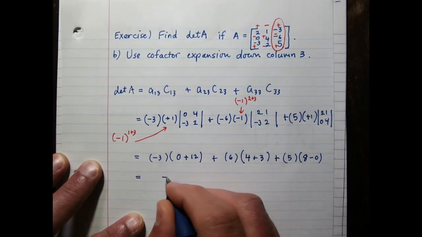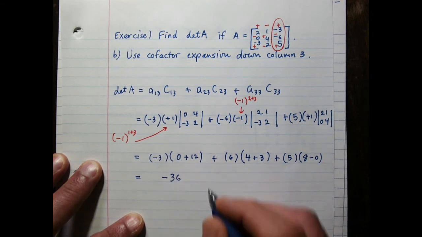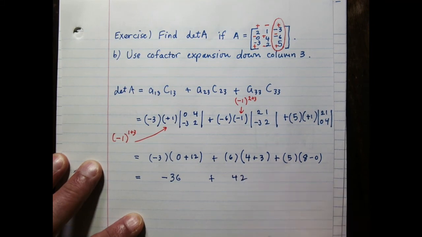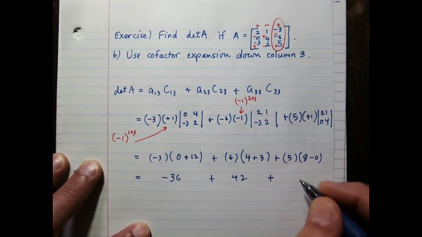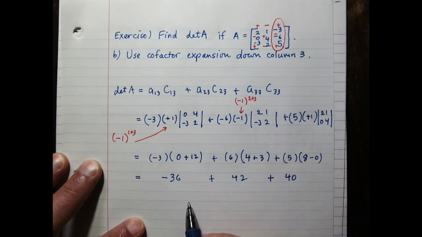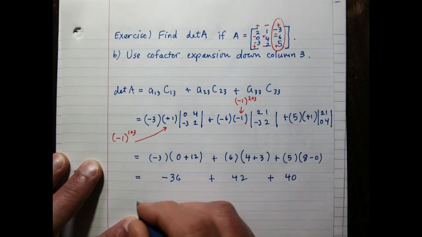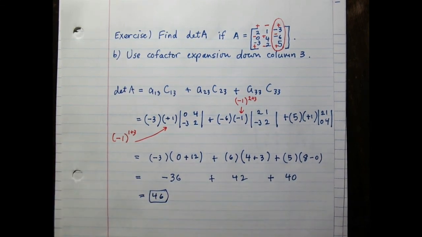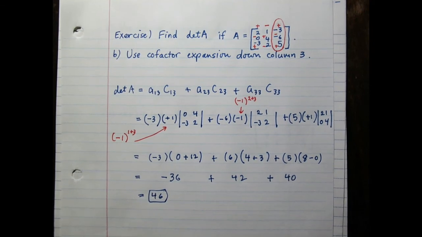So this is negative 36. 6 times 7 is 42. Plus 5 times 8 is 40. So I'm going to have negative 36 and 42 is 6, plus 40 is 46. That better be what we got. Yes, that is what we got the first time.